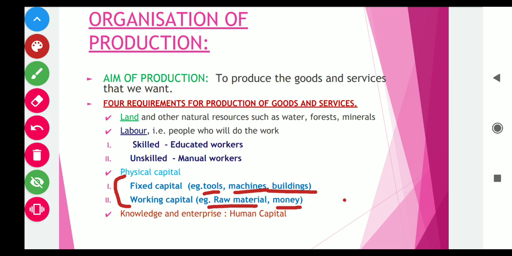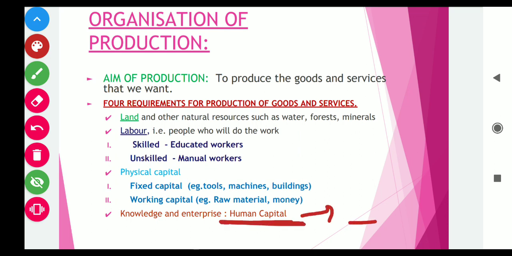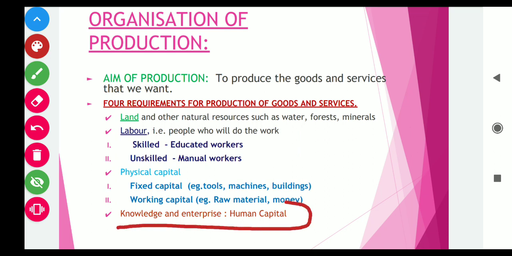And the fourth requirement is human capital. We need knowledge and enterprise to put together land, labor, and physical capital to produce an output. And this knowledge and enterprise is called human capital.